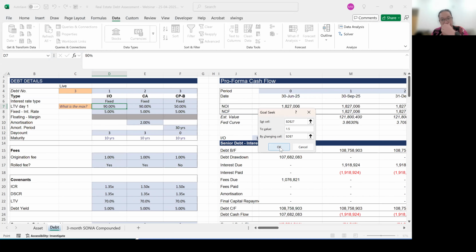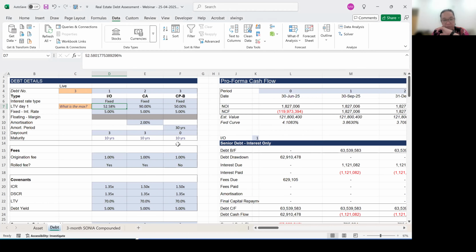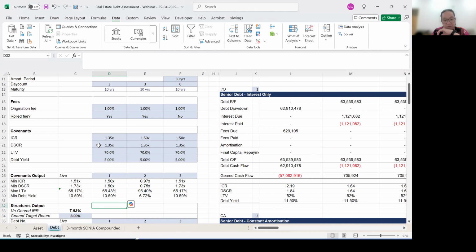So then you can see here that you'll be able to calculate the amount of money that you could borrow, right? So 52%. So then you don't breach your covenants here, the 1.5%. Okay. So if it is 1.35%, then you can change that as well and find out.